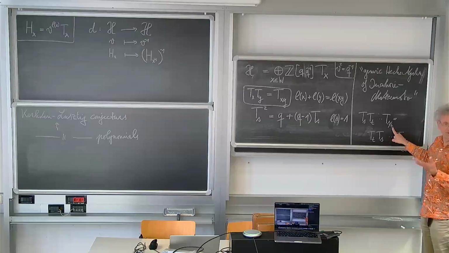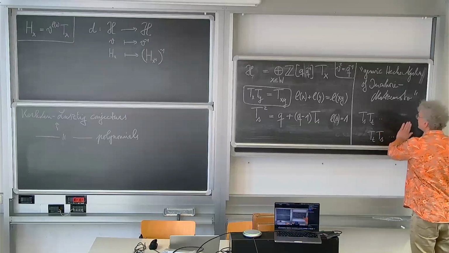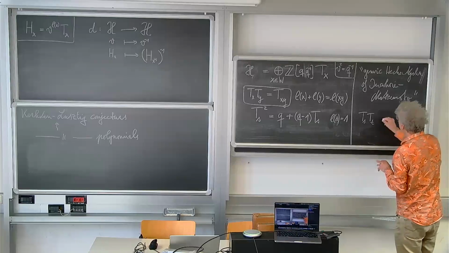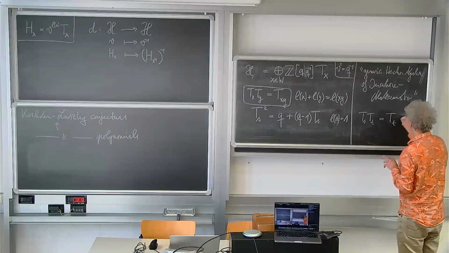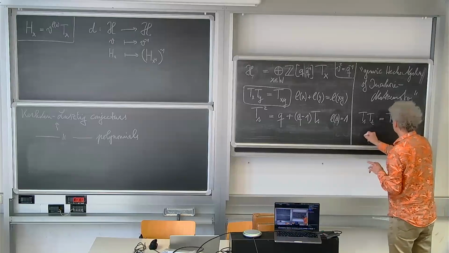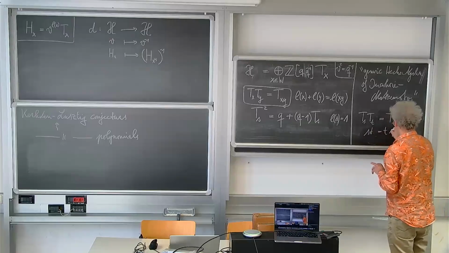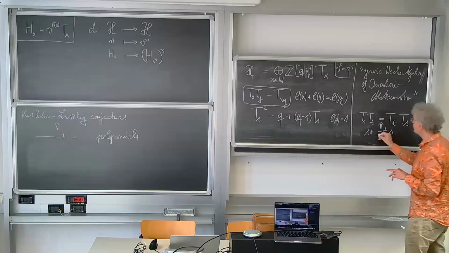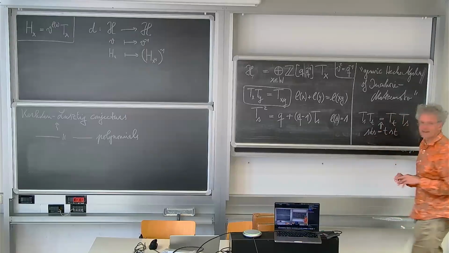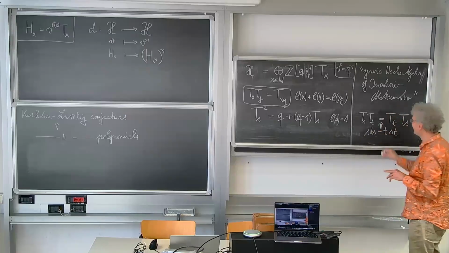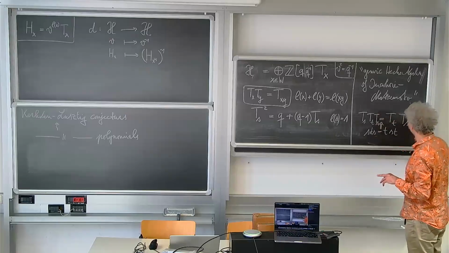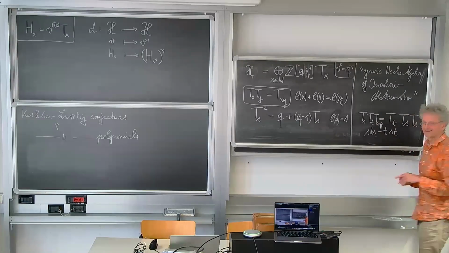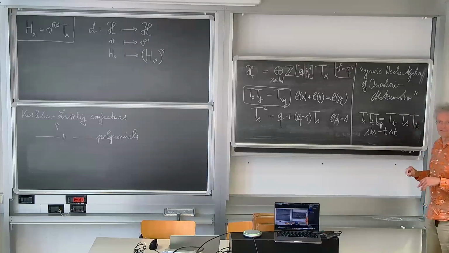For example, they could read tst equal to ts if st is equal to s. And if sts is equal to tst, then the relation would read tst is t, like this.